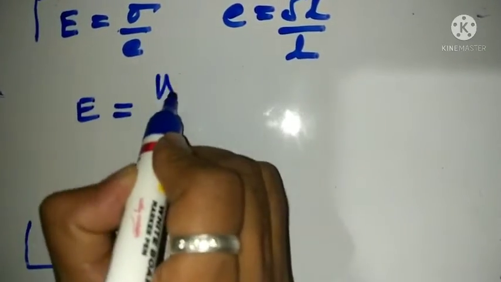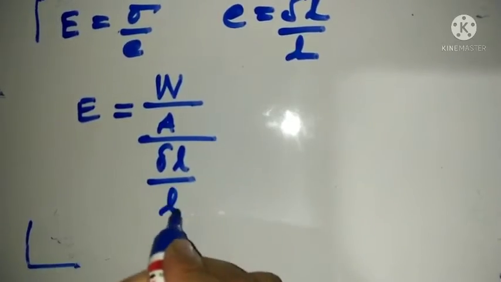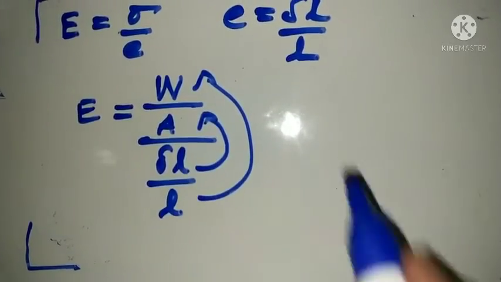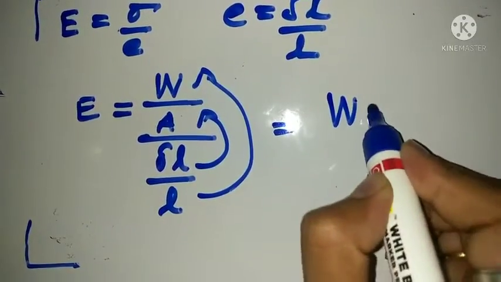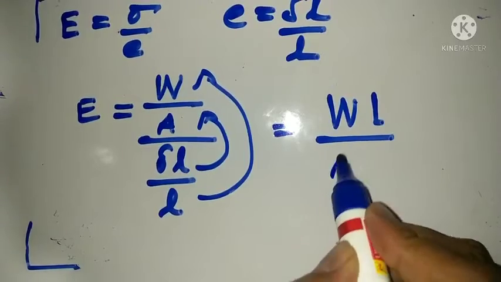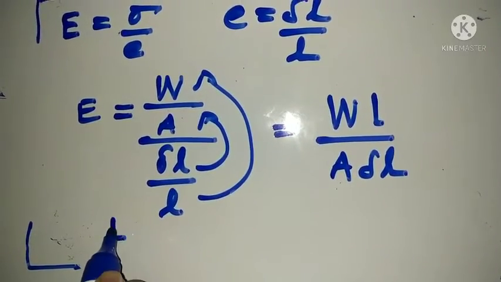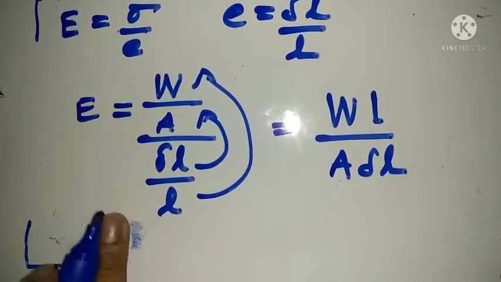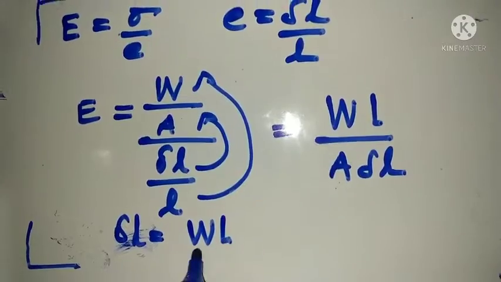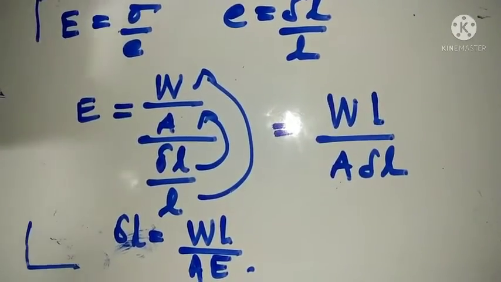So substitute the values. Stress is load upon area, strain is change in length by original length. We will get E equals W into L by A into change in length. So delta L is equal to WL by A into E.